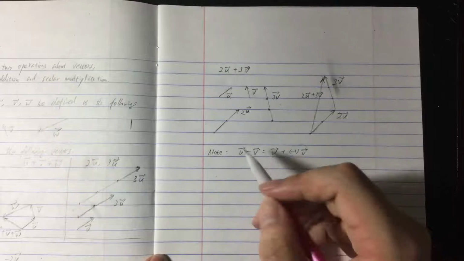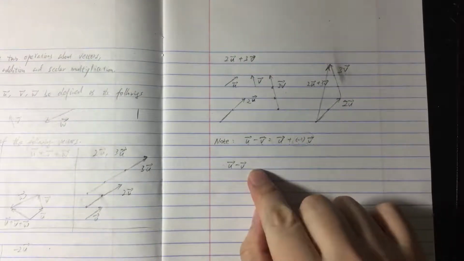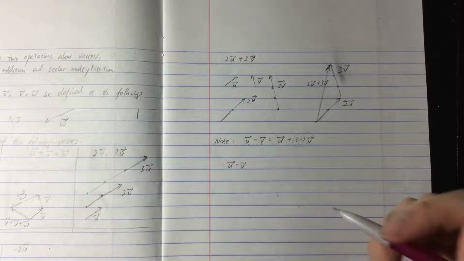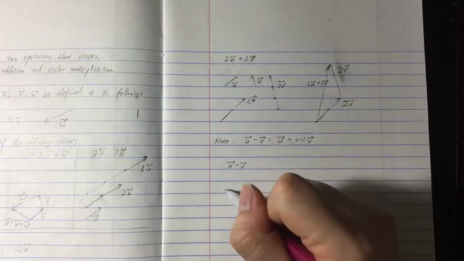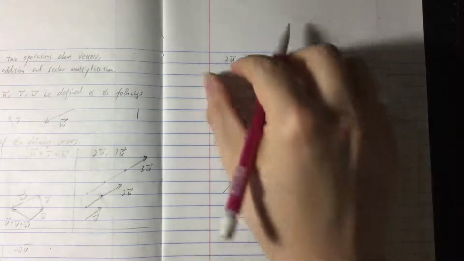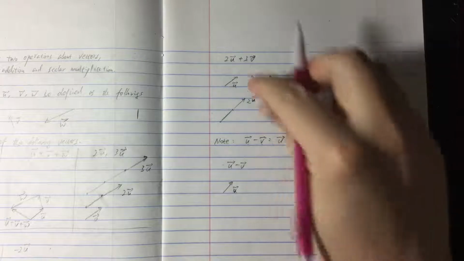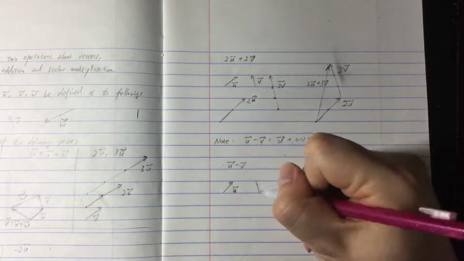Now how do we compute u minus v? Let's draw vector u first. Let me shift vector u here. This is vector u. Let me shift vector v here. This is vector v.